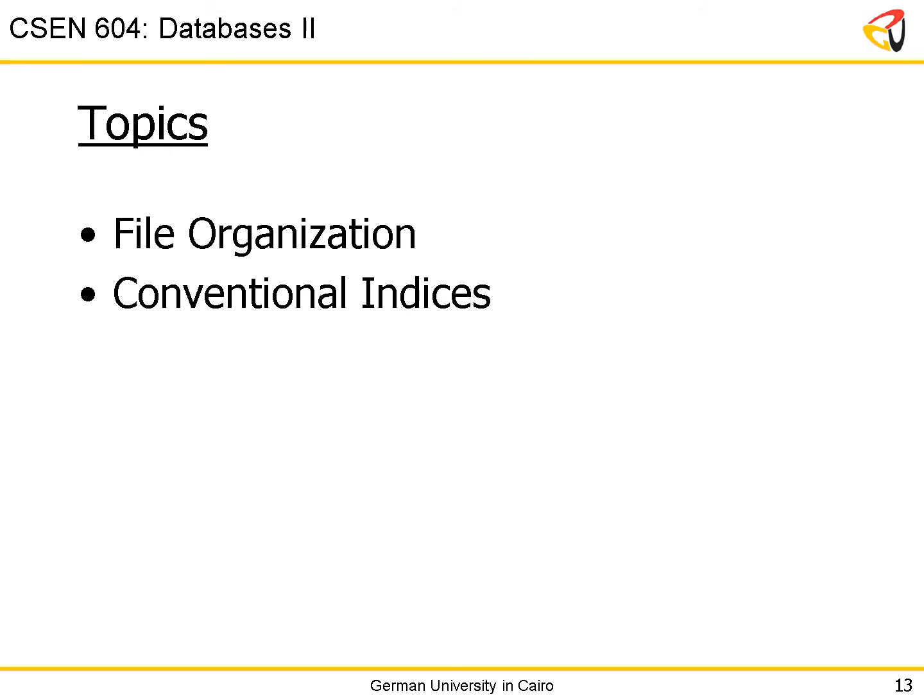So we will talk about two things: how files are organized on disk, and the first appearance of indices, which are called conventional indices, many years back. I will also introduce in this lecture a modern index that exists on many database engines that is based on the ideas of conventional indices.